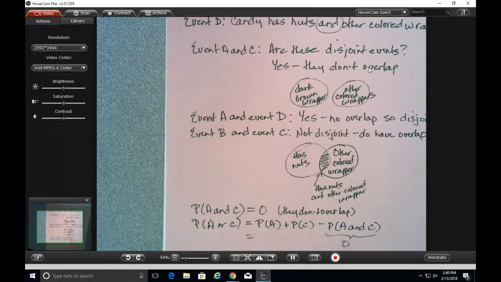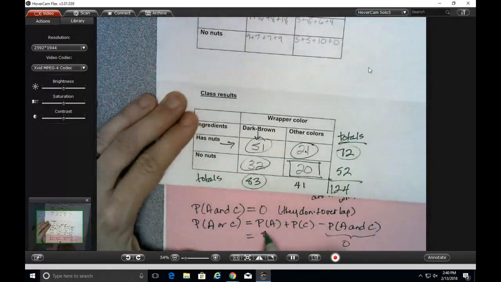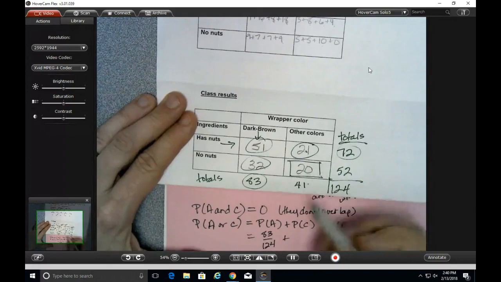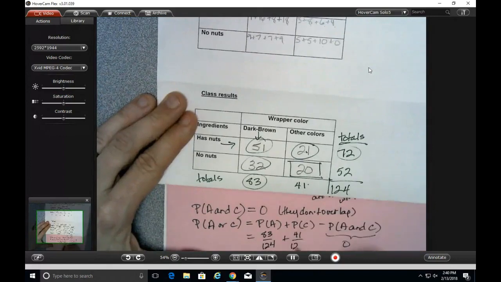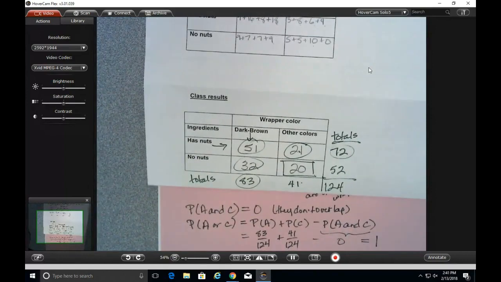And actually for this one, the probability of A was 83 over 124. The probability of C would be 41 over 124. And actually if we add these 2 together, we end up with 1. All the candies either have a dark brown wrapper or they have another colored wrapper. So the probability of selecting one or the other of those is just 1.